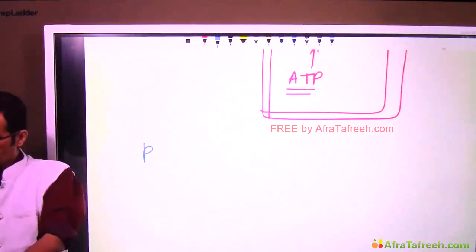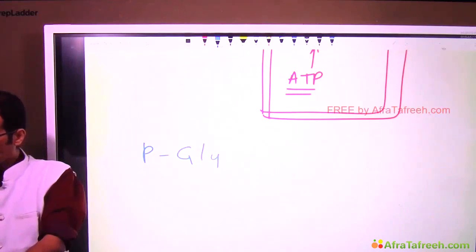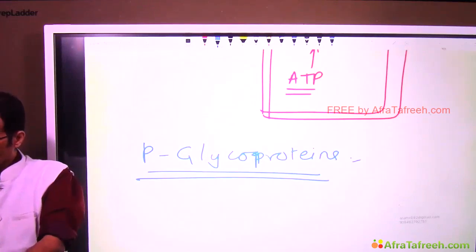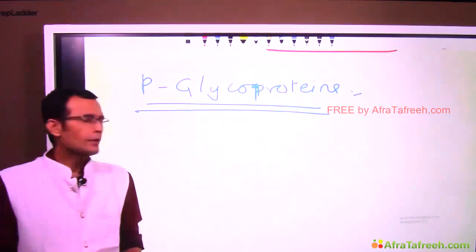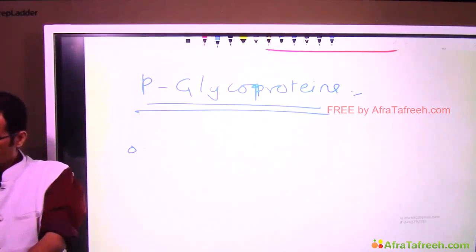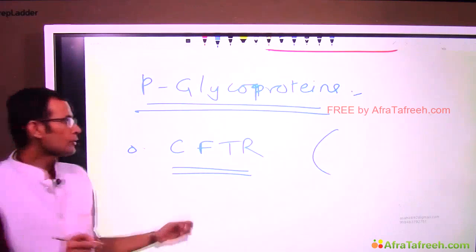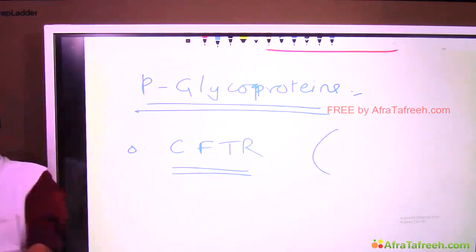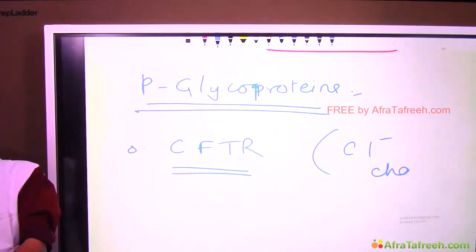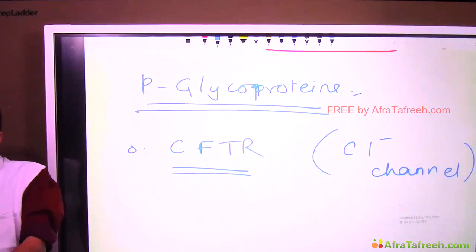What are the examples? The ATP binding cassette transporters are P glycoproteins. Especially the famous examples are CFTR, cystic fibrosis transmembrane regulator. It's a chloride channel, but it's an ATP dependent chloride channel.